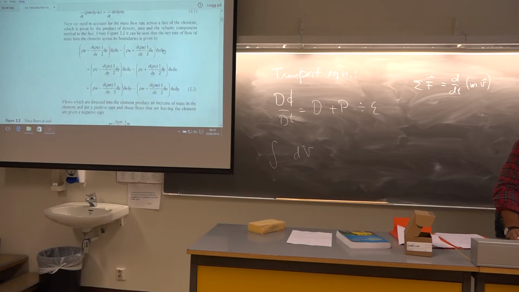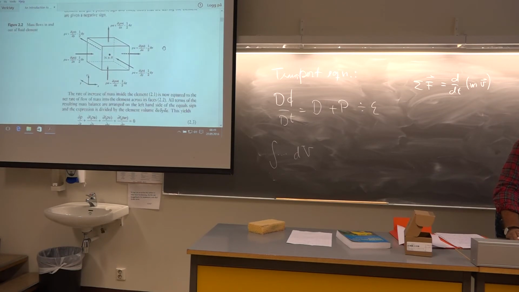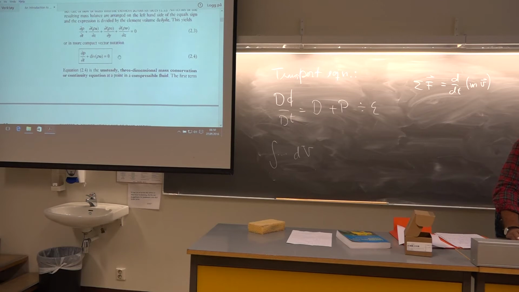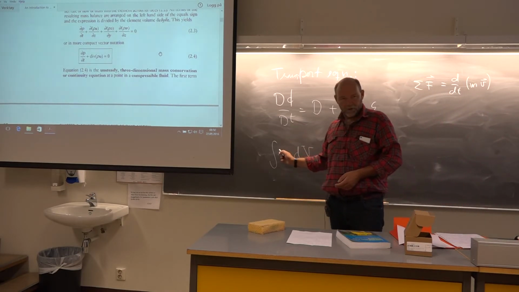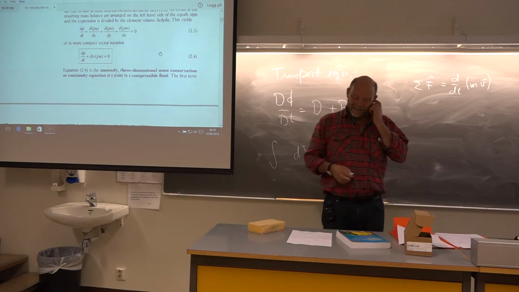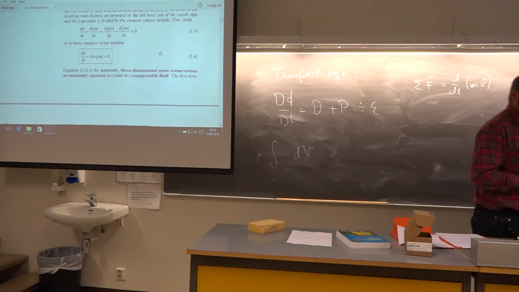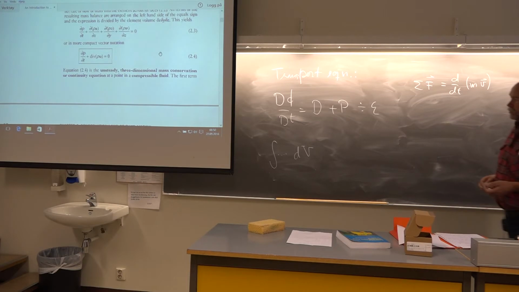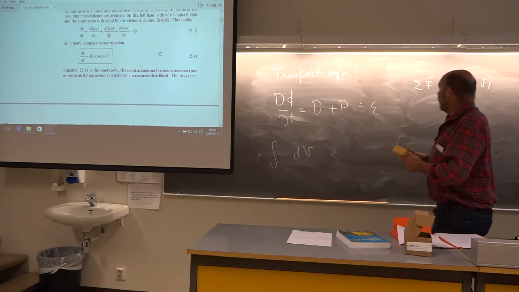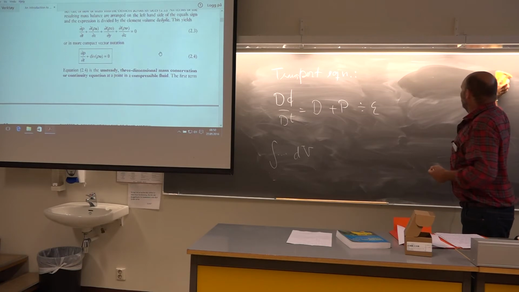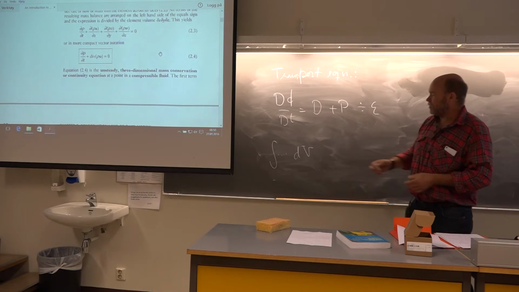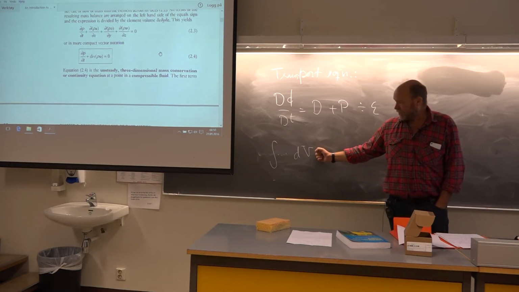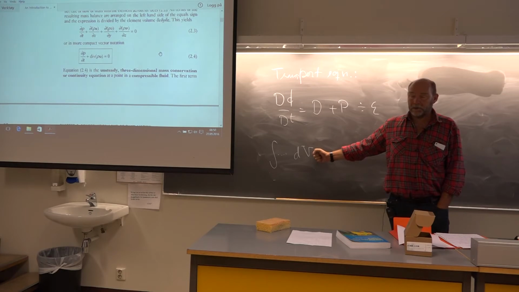Now the book goes on by first setting up or obtaining the equations here in a differential form, and then afterwards putting them in here and making an integral form. That is something that should be avoided, in my opinion. If you are using a finite volume, or a finite element code for that matter, you are using an integral formulation to create your code, then you should start with the integral form directly.